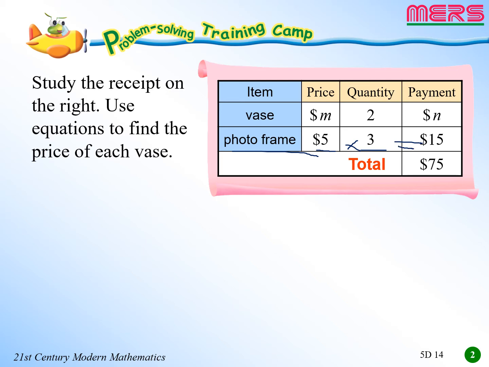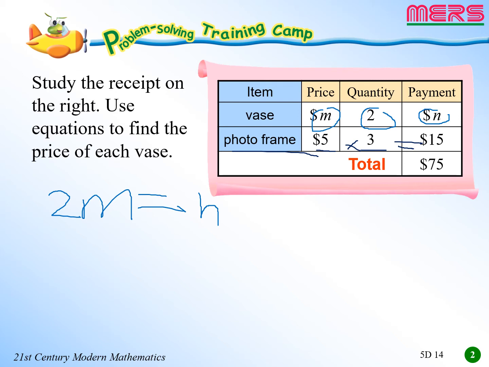So look at the case for the vase. If each vase costs $M, and now we buy 2, the payment will be N. So you may think of 2M equals N. Can we solve for M and N here?